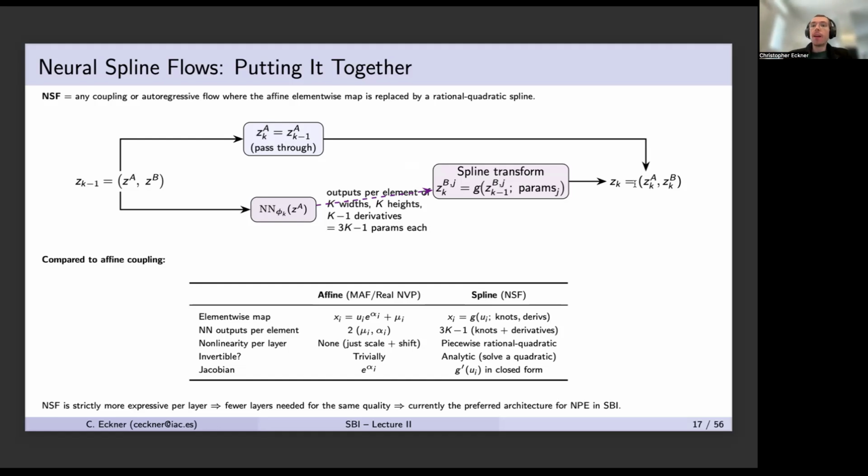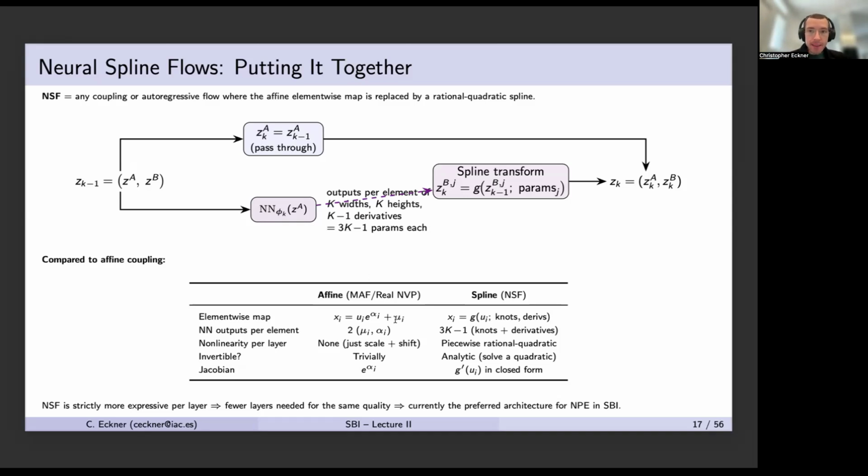You just concatenate these two subsets again to form then the final output for your parameter layer ZK. So this is kind of the idea here. And you perform this for each of these steps again in this autoregressive way. So parameter by parameter and part of the parameter then split in this particular way.